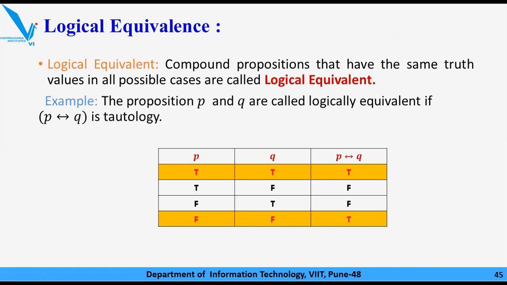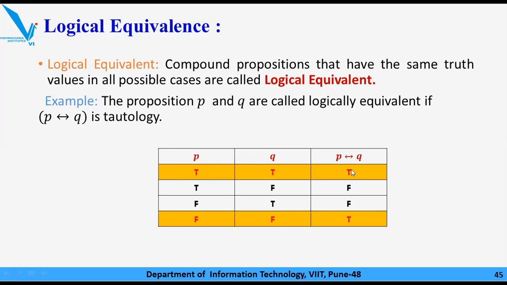So now let's move towards logical equivalence. Compound propositions that have the same truth value in all possible cases are called logically equivalent. For example, we have already studied in previous videos the truth table where the bidirectional gives us a tautology value. The tautology value means that in all conditions it is true.